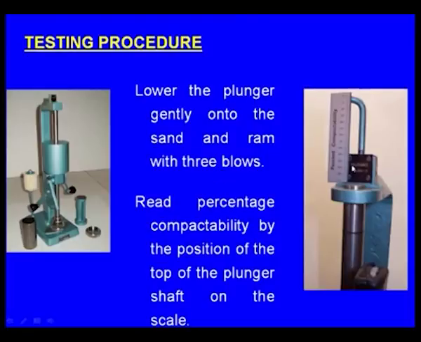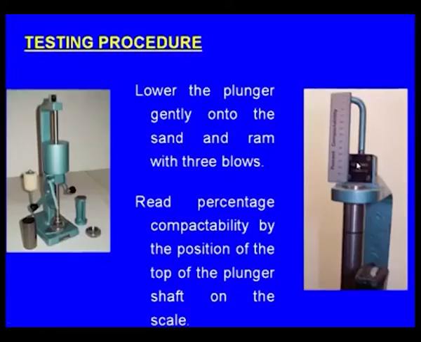Then what happens? This is the accessory to measure the compactability. Now this accessory will be fitted here. Now when we give the 3 rams, certainly there will be reduction in the height of the sand. If it has a good compactability, there will be more reduction, and if it has a poor compactability, there will be less reduction.